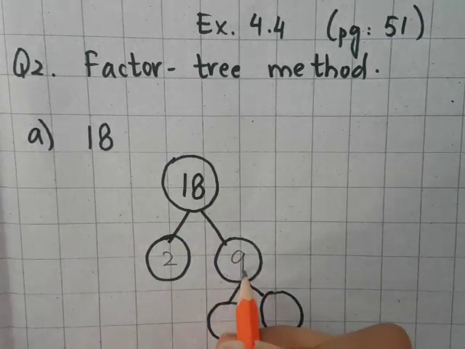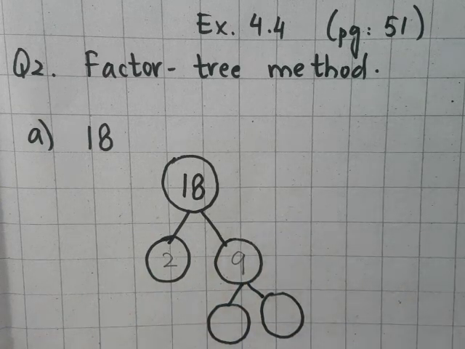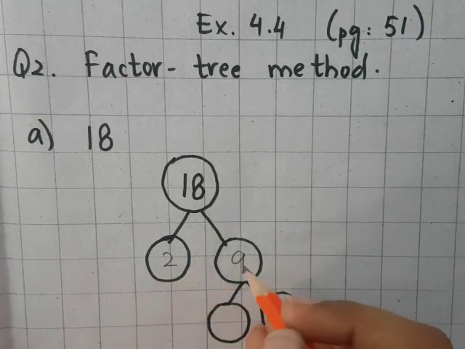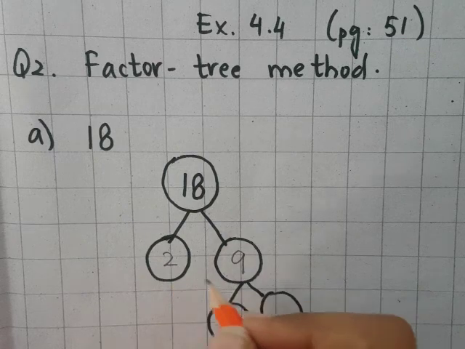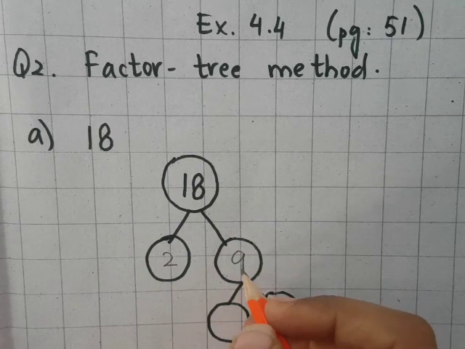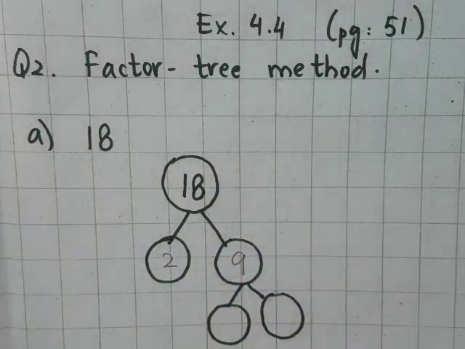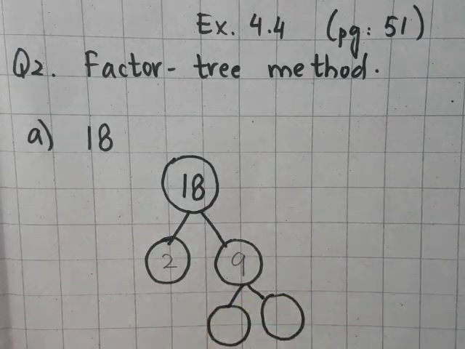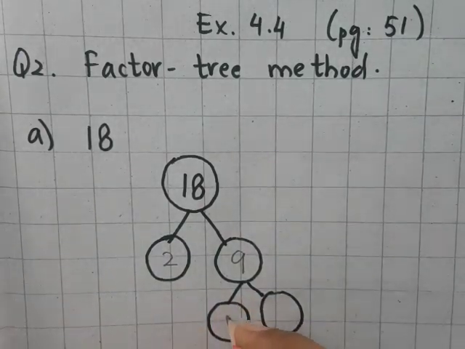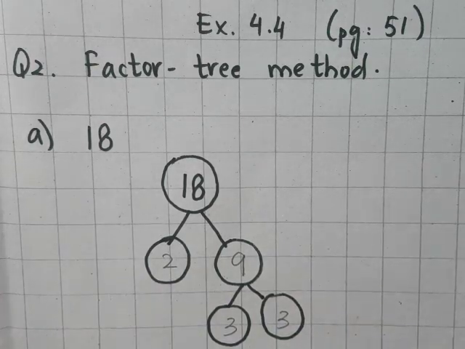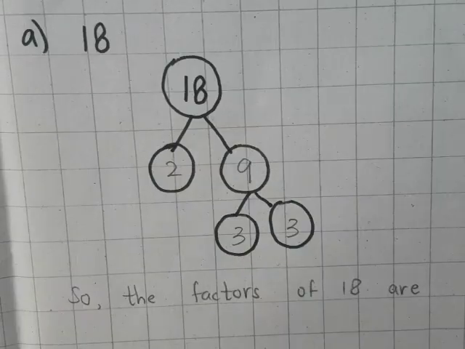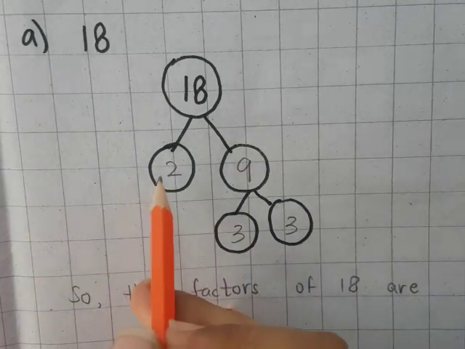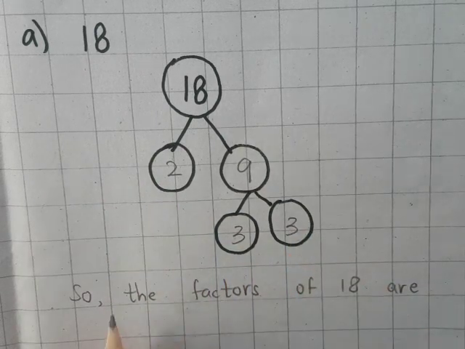Now the number 9 is not an even number, so we will use the next number to divide it, and after 2 what will be the next number? 3. Can 9 be divisible with 3? Yes. 3 3s are 9. So the factors of 18 are 2, 3 and 3.